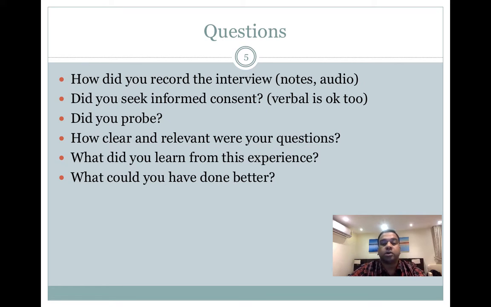So your question as an interviewer, or your effort, should be to really unravel that and bring to bear the experience, the richness of what this person or group of people have really encountered in the context of what you're asking. So also always ask yourself, what did you learn from this experience?